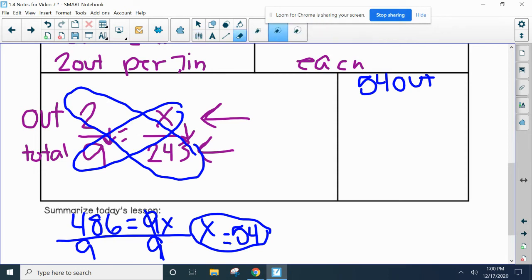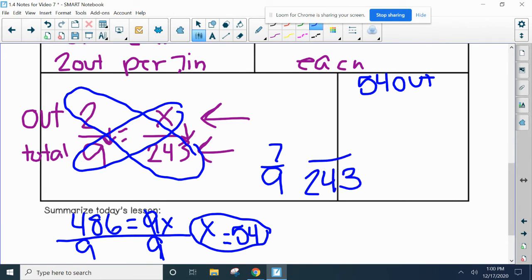So again, our sample group is 9 students because there's 2 for every 7. So that's 9 kids in all. 2 out, 7 in. Well, this time there's 7 in for every group of 9. But there are still 243 at the school.